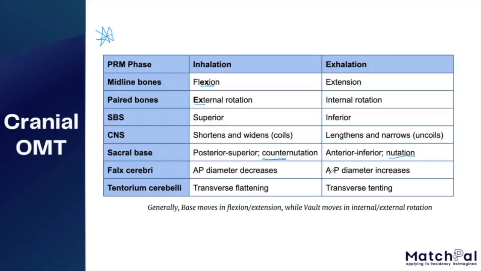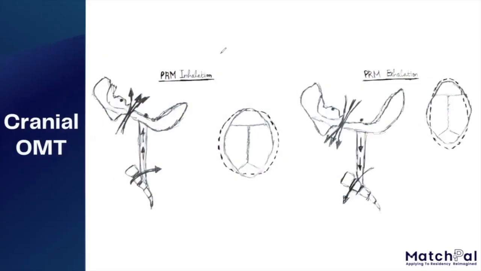Remember that the cranial base will generally move in flexion and extension, while the cranial vault, including the paired bones, will generally move into internal and external rotation. These two images help visualize the two phases of the PRM, inhalation on the left-hand side and exhalation on the right-hand side.